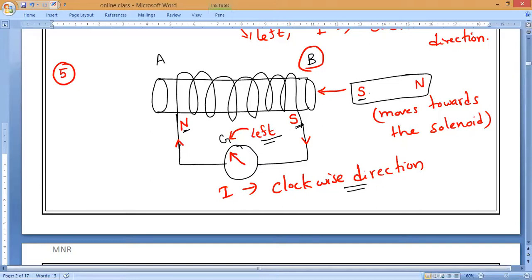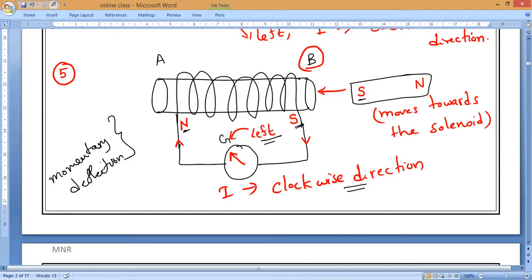Means the bar magnet is going inside and coming outside, going inside and coming outside. Then only we observe momentary deflection. You have to use the word momentary deflection in the galvanometer, only during the relative motion. That is the first thing.